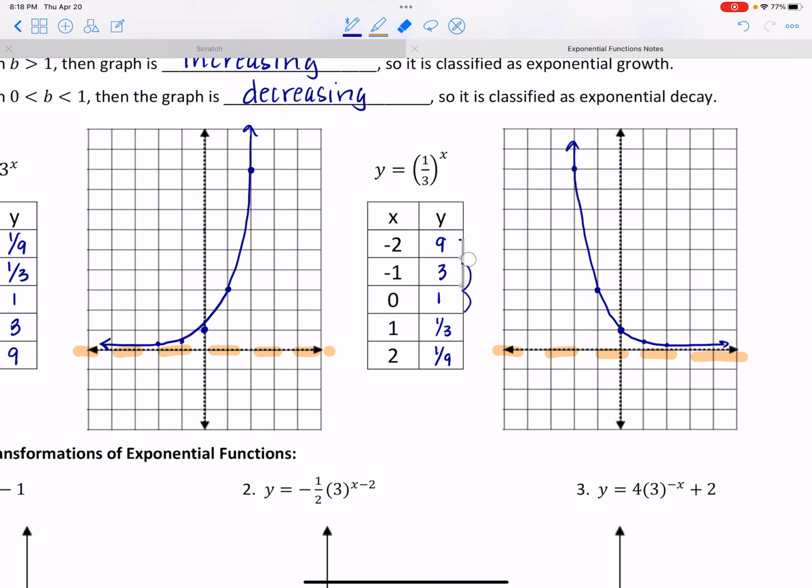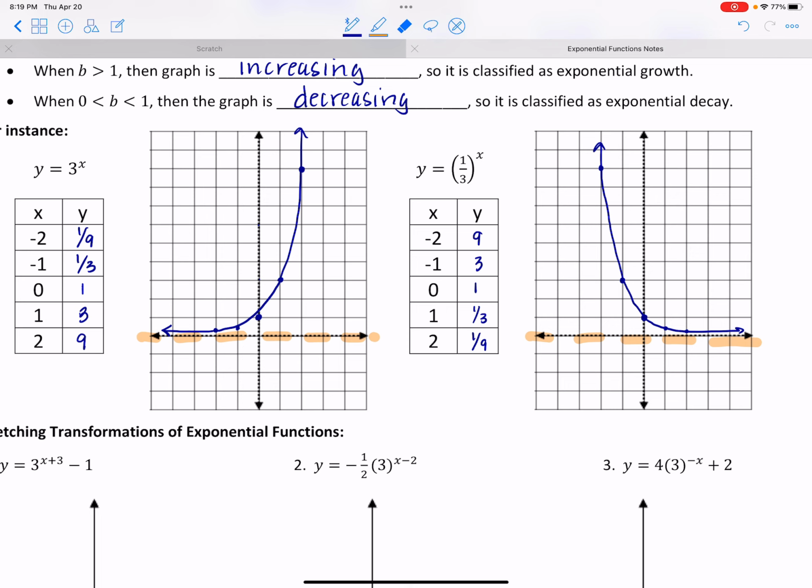So anytime you have a fraction here that's between 0 and 1, you're going to be making your numbers smaller because you're multiplying by some value that's cutting them by a third, cutting them by a half, and so on. So if that fraction value is between 0 and 1, again, a decreasing graph gives us that decay. So the growth factor makes our function grow bigger or decrease smaller, okay?